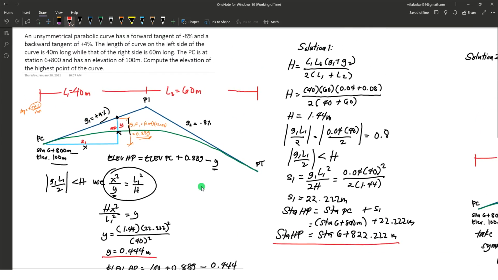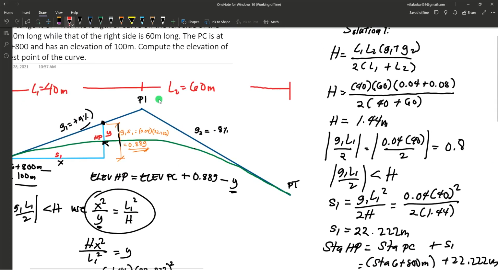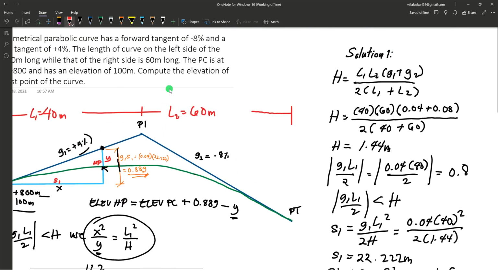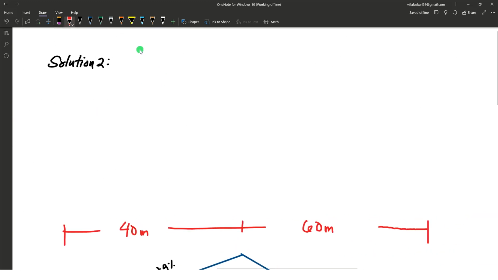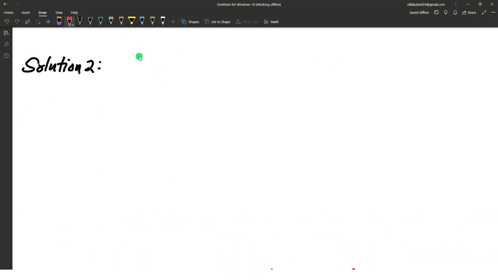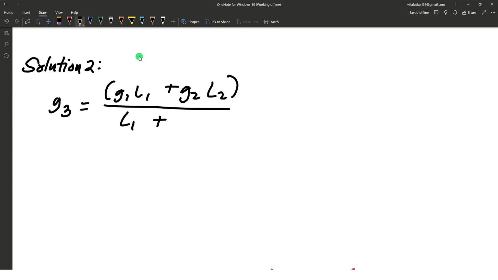Okay, that's solution number 1. For solution number 2, class, is to determine the grade of the common tangent. Solution number 2, G3 equals G1 L1 plus G2 L2 over L1 plus L2. So here we use the signs of G1 and G2 to identify the sign also of the slope of G3. So substitute all the values of G1 and G2.